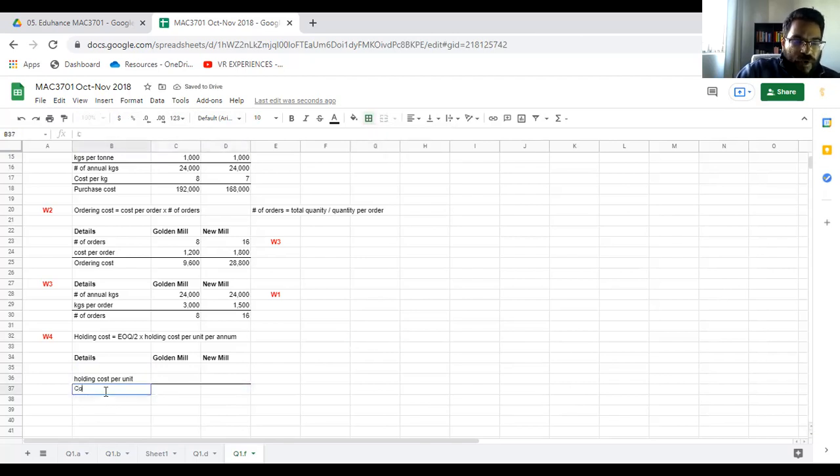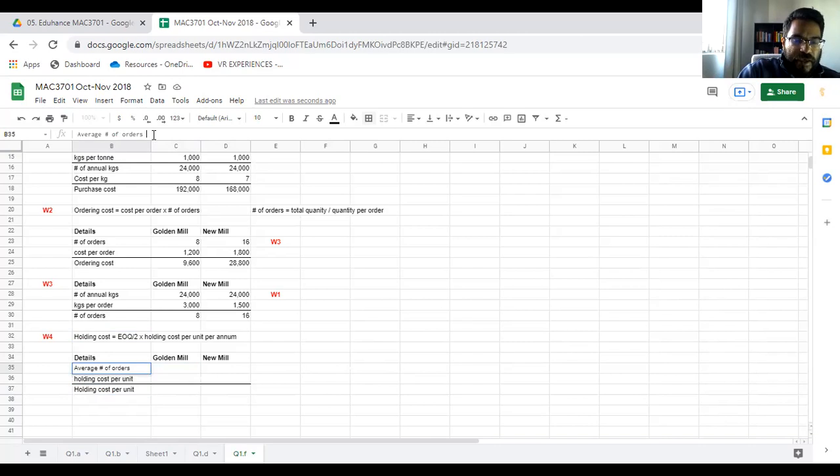And this is going to give us holding costs per unit. And this is going to give us EOQ, the average number of orders. Okay, so this is the average number of orders. The reason why we divide by 2 is that we're getting an average.